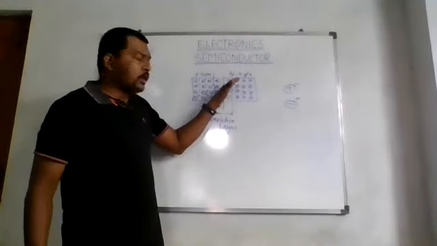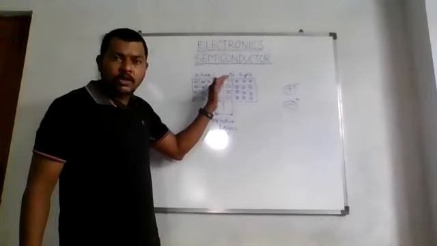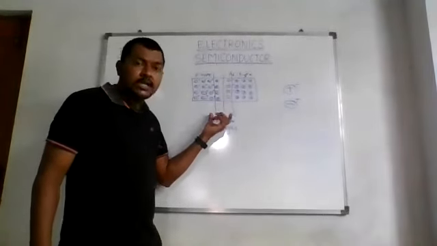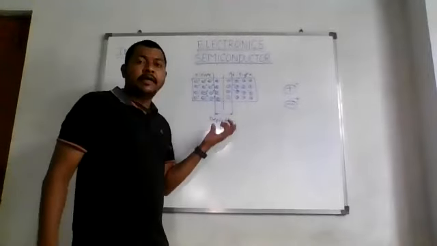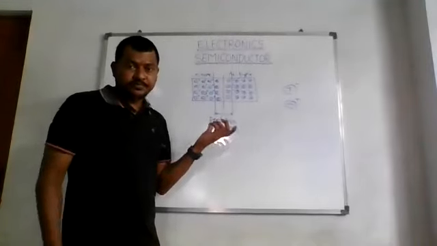So the further movement of electrons is repelled by this region, and the further movement of holes is repelled by these positive ions, right? So due to this, further recombination is depleted, and therefore it is called a depletion layer, right?